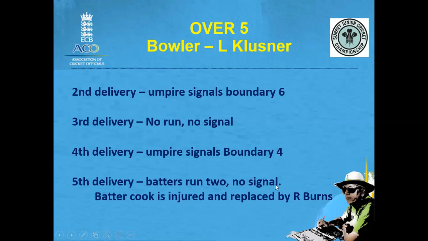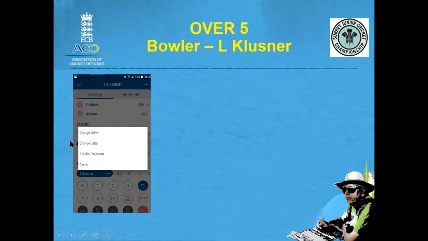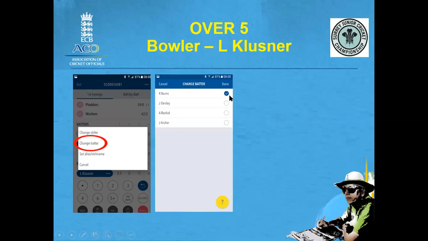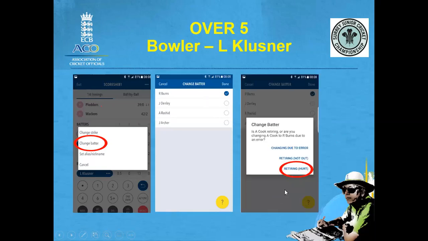So we put the 2 runs into the system, but in doing so, Cook is injured and is replaced by Burns. So we click on Cook. This time we click change batter. We pick the new batter, so Burns, and then it asks us why we're changing the batter.